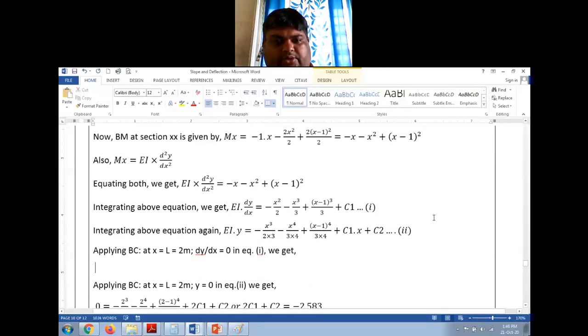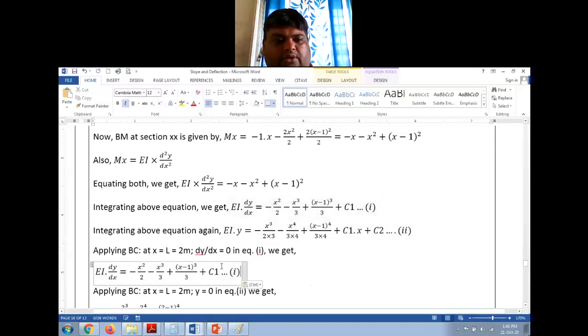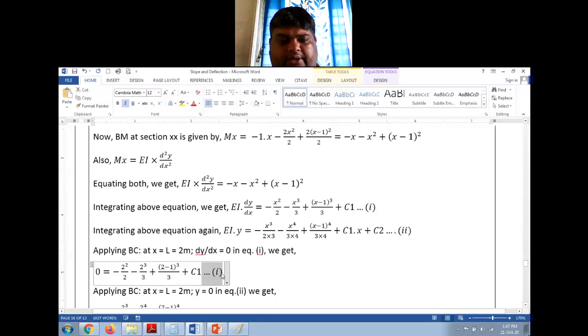Now let me just copy this. Dy by dx is 0, so this will become 0. This is x square by 2, so it is 2 square by 2. This will become 2 cube by 2. This is 2 minus 1 positive, 2 minus 1 whole cube by 3 plus C1, right?